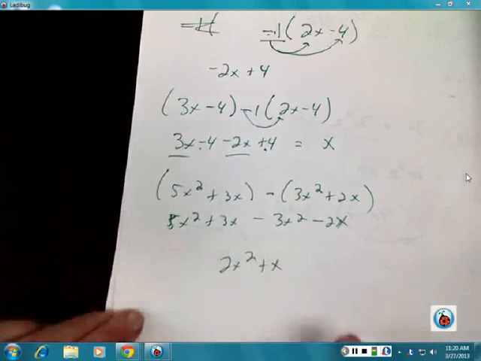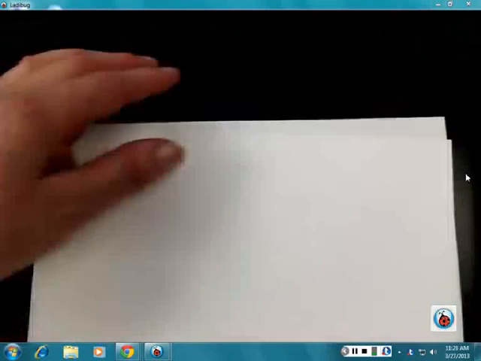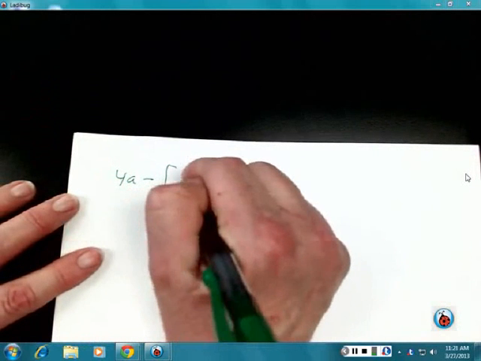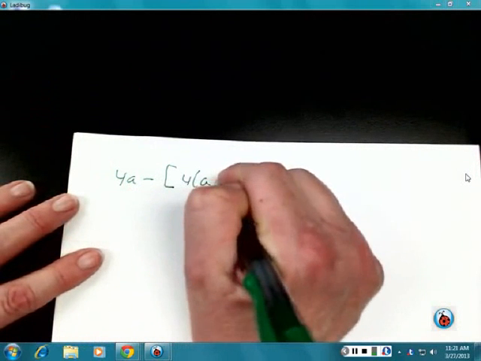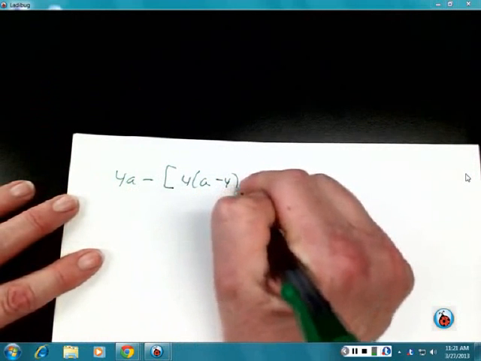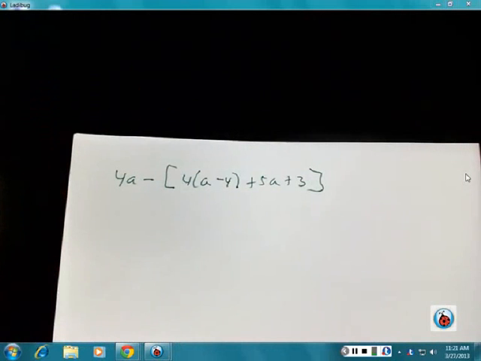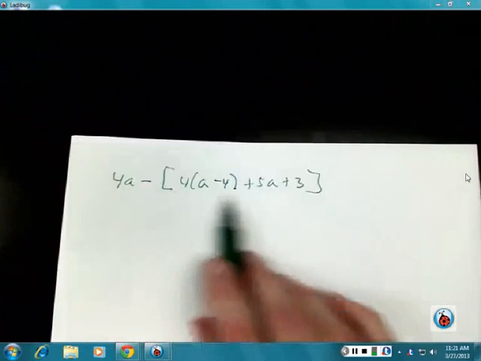In Hawks, they do this number to you, so just so we're aware, we see one. 4a minus bracket 4 times a minus 4 plus 5a plus 3 and a bracket. Now, order of operations says that I need to take care of what's inside of my bracket.